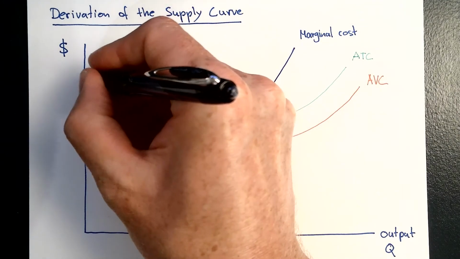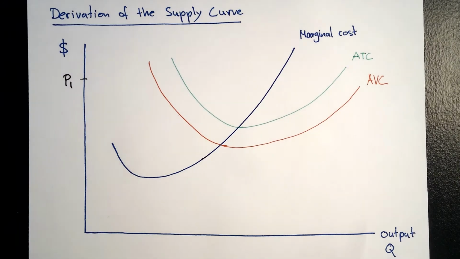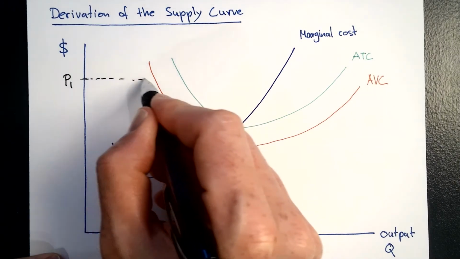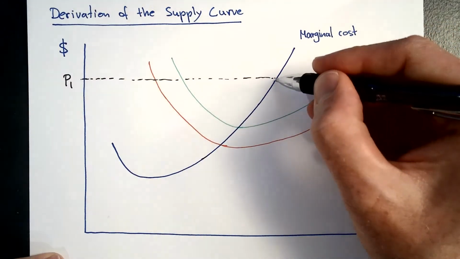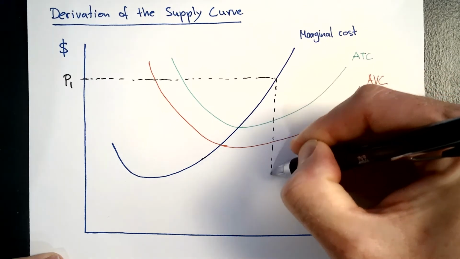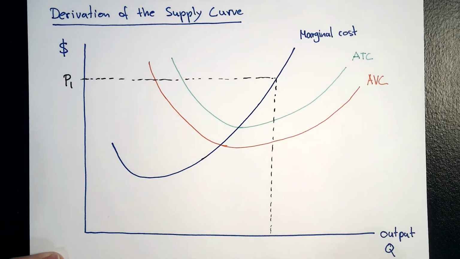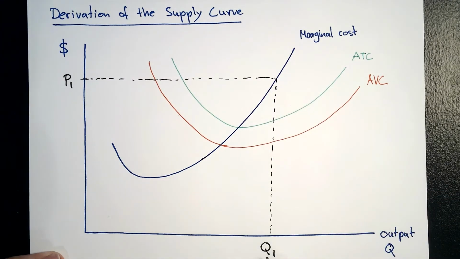If we have, say, a price of P1, then the firm is setting the price equal to the marginal cost, and that determines the output quantity. Let's call the output quantity here Q1. Okay? So if the price is P1, then the output quantity is Q1.